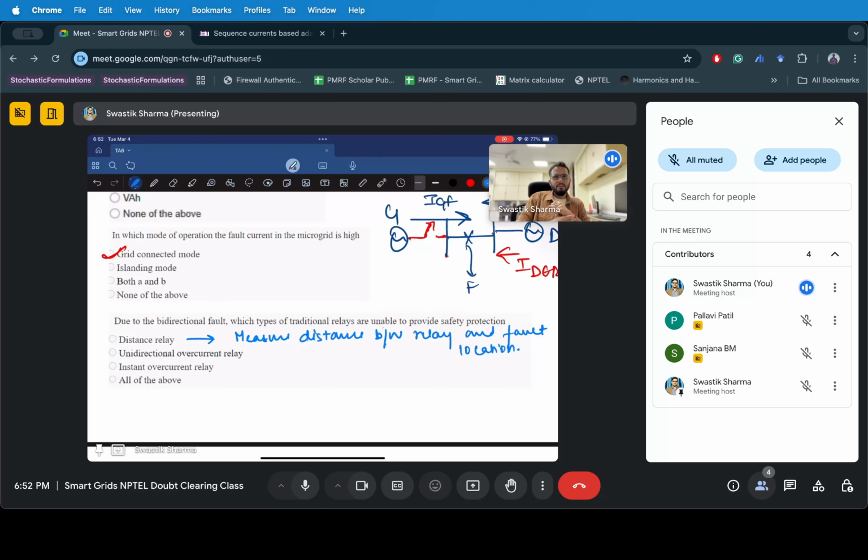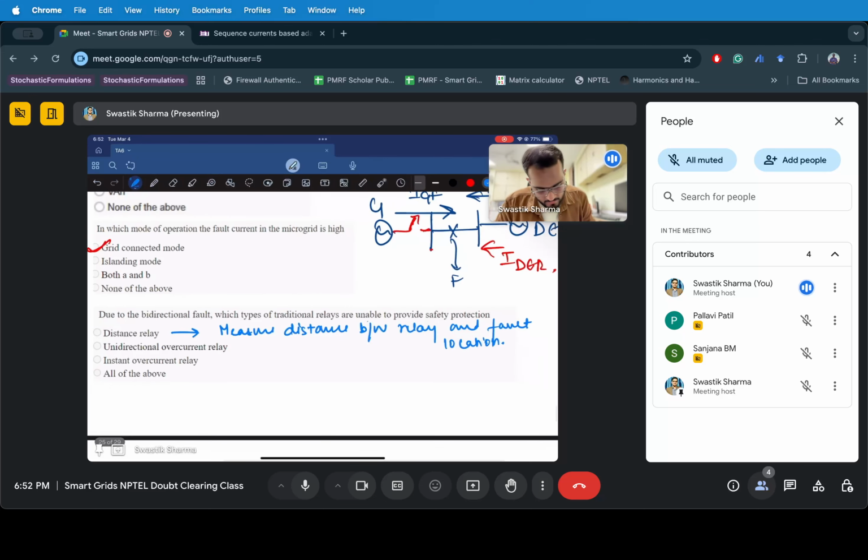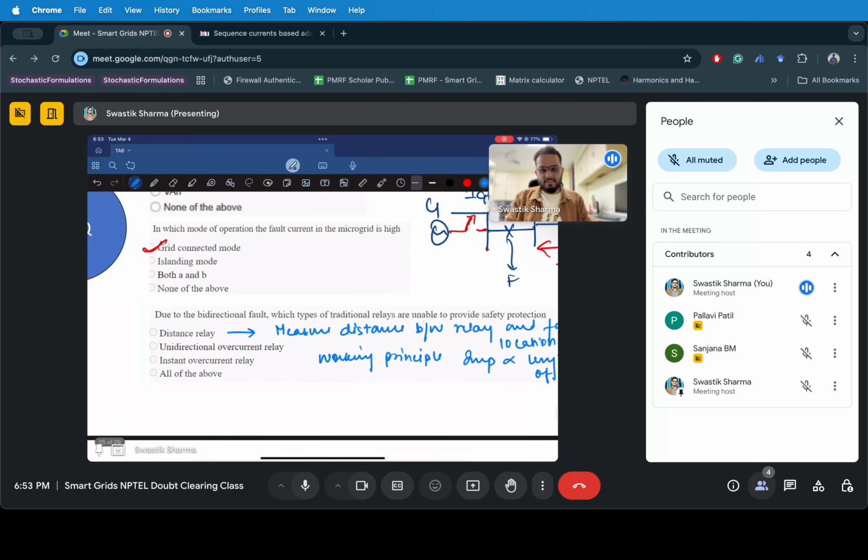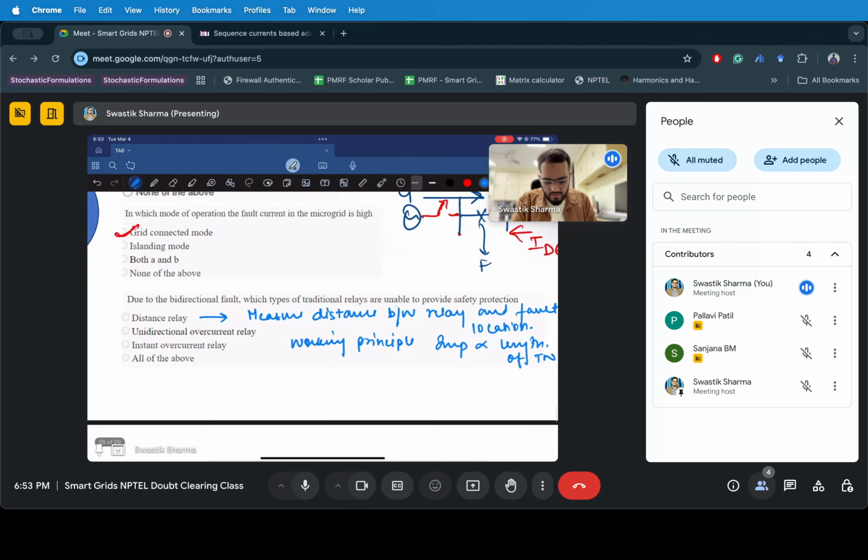They work on the principle that the impedance of the line increases with the length of the line. So the impedance is directly proportional to the length of the transmission line, right? So distance relays measure distance.